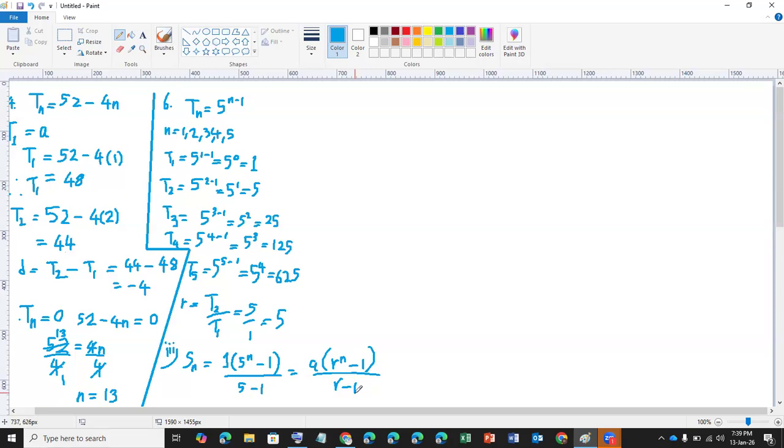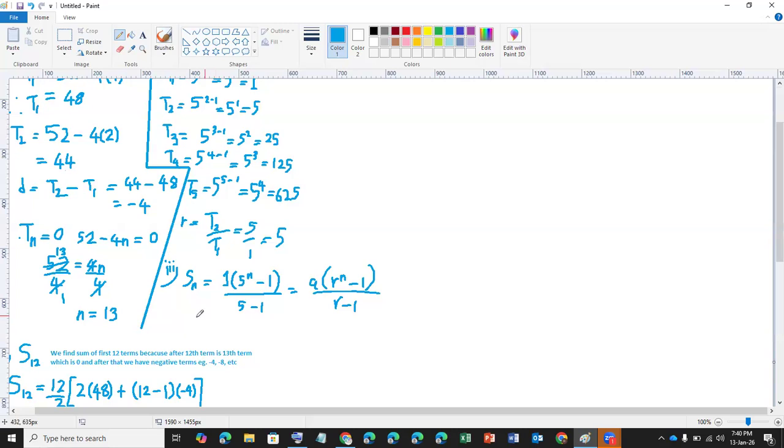Don't forget, this is the only one where the Sn depends on the size of the common ratio. It doesn't happen for arithmetic sequence. Okay, so you know what to do now. Just simplify it. How will your Sn look if we simplify it?